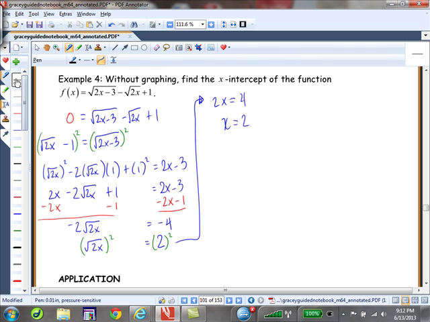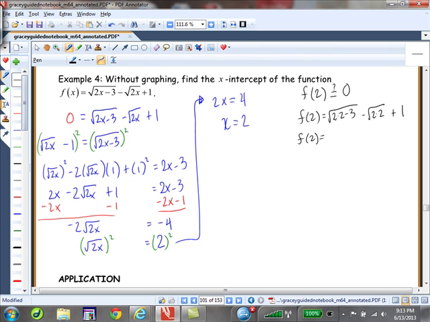And we just need to check our answer. So again, is f of 2 equal to 0? That's what we were looking for. So what is f of 2? F of 2 is equal to the square root of 2 times 2 minus 3, minus the square root of 2 times 2 plus 1.